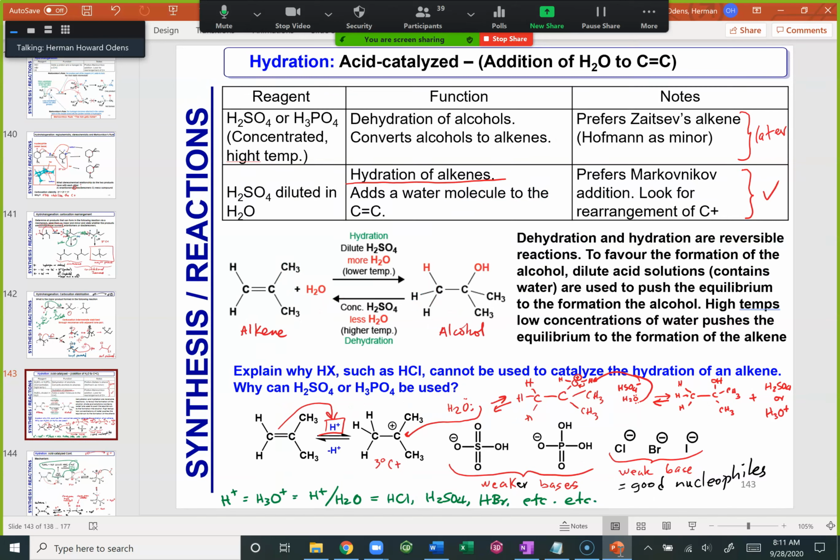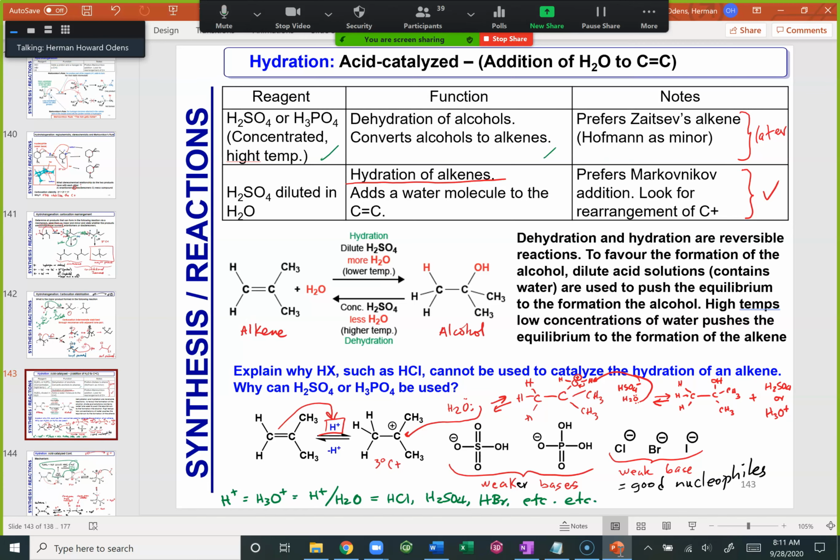It's hydration of alkenes, but you just say hydration, it's fine. You know, the reagents, you put the reagents down, the function, and on my notes, I tell you something that is important. But for your best learning, instead of writing notes, the best notes you can take is writing down a reaction scheme.